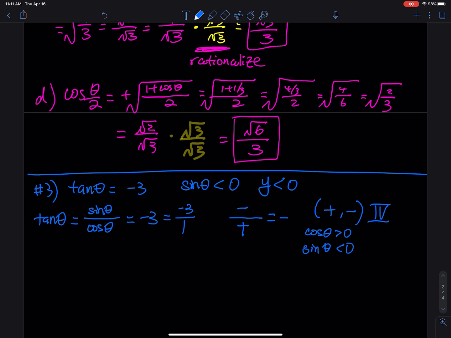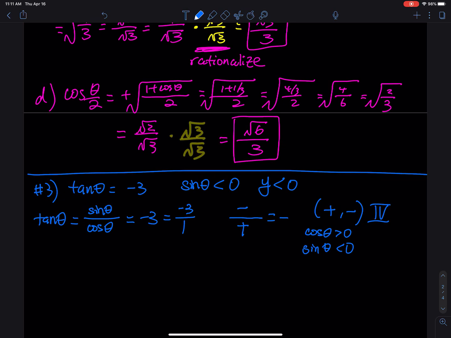Now, listen, this is very important. Does that mean sine is -3, cosine is 1? The answer is no. To get the sine and the cosine, you have to use right triangle trigonometry, because a number divided by a number equals -3. There are so many possibilities.